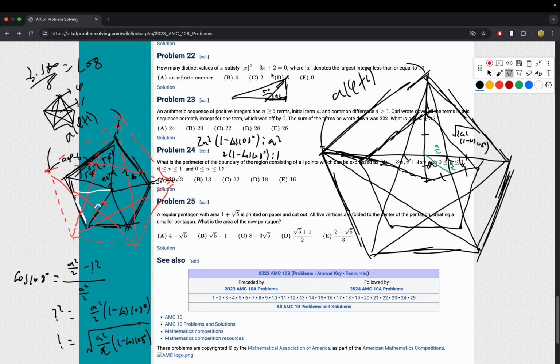Cosine 108 is equal to, yes, cosine of 108 is equal to sine 18 degrees, which is equal to, right? Sine 72 degrees, right? Am I right?